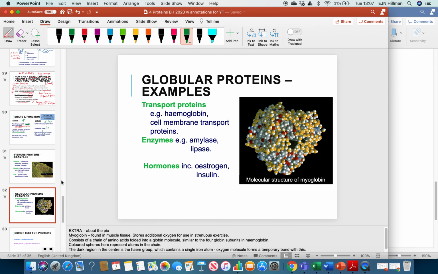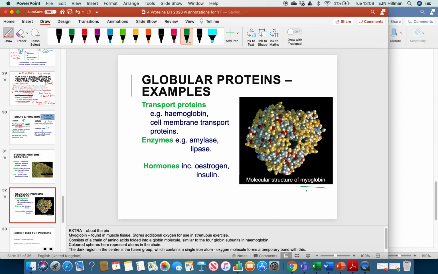Some examples of globular proteins. Most commonly, we might think of something like hemoglobin with that quaternary structure, so 4 polypeptides in a quaternary structure. This is actually a structure of myoglobin. So myoglobin is just a single polypeptide that is found in muscle tissue.